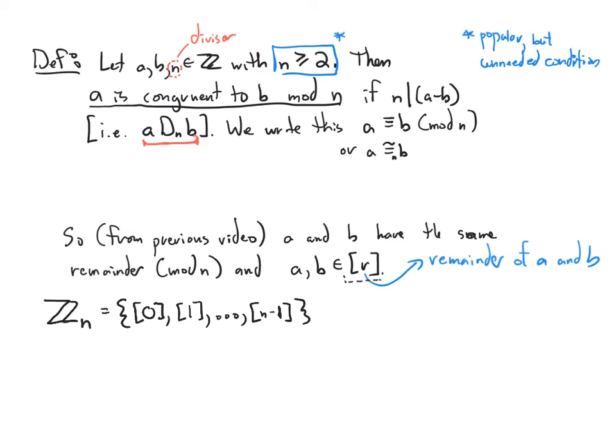And also, sometimes if it's unclear or people really want to highlight what the divisor is here, they'll put a little n as a subscript to the equivalence classes. And that is Zn.